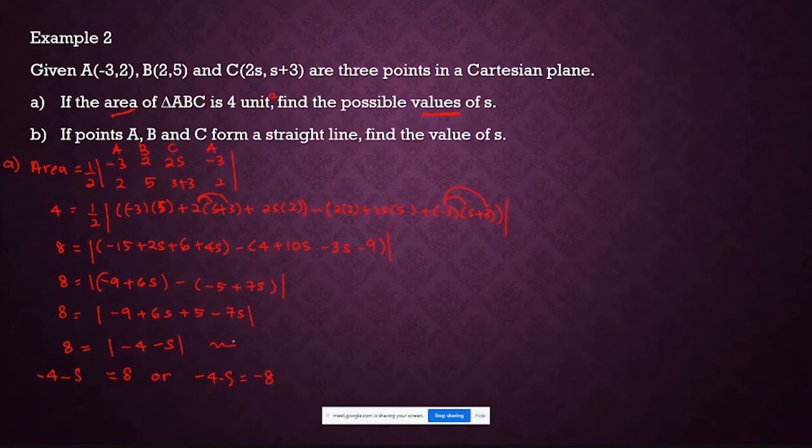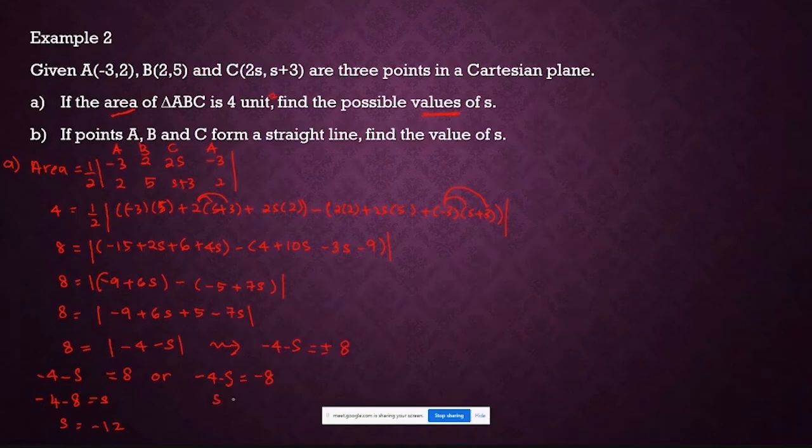Actually negative 4 minus s can be plus or minus 8. So the first one: negative 4 minus s equal to 8, s equal to negative 4 minus 8, s equal to negative 12.